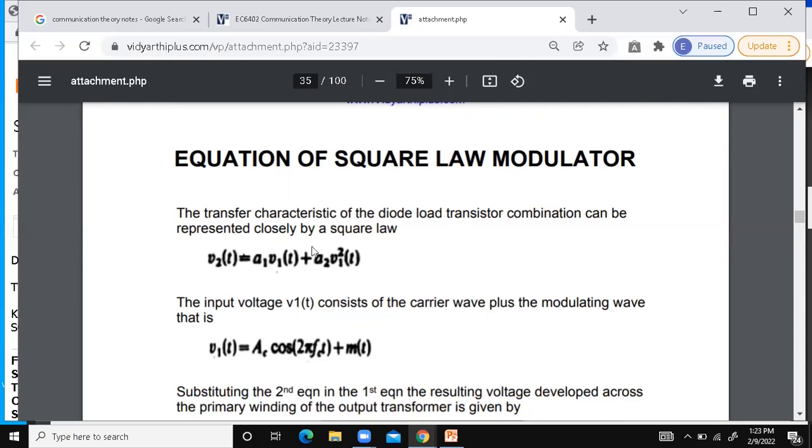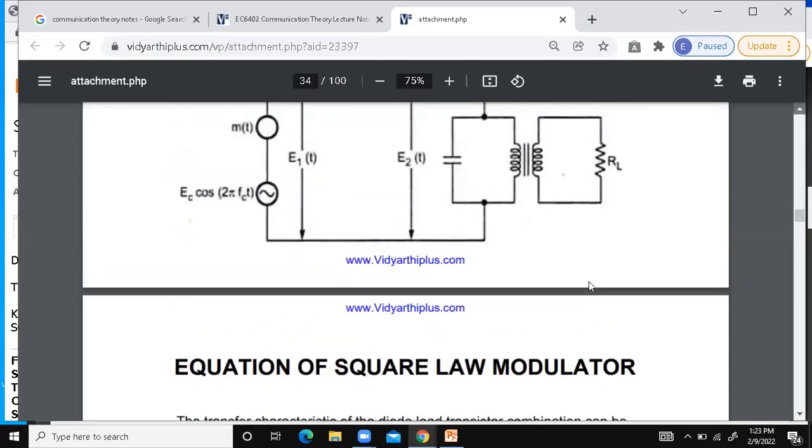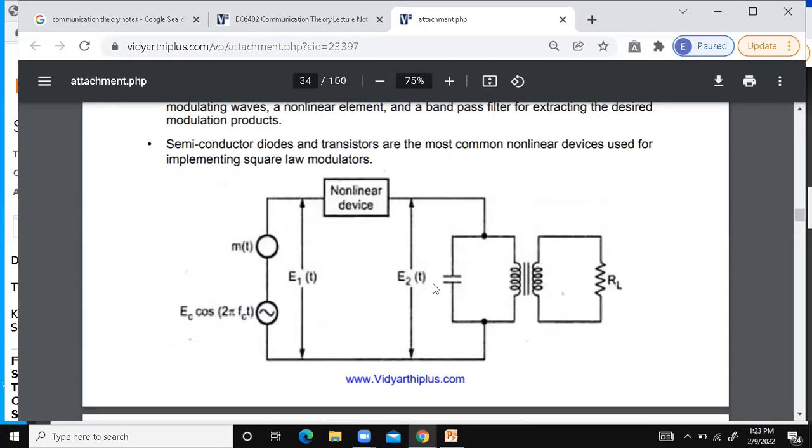Here is a voltage. Right? Go back to your picture. So your output voltage is V2. It says E2 here. And your input voltage is E1 going through your nonlinear device. E1, E2, V1, V2.